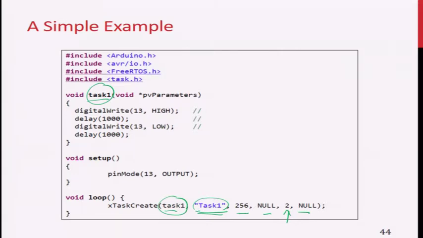So let's look at this task here. What does this example do? You are creating a task called Task 1, and what is Task 1 supposed to do? Task 1 is supposed to do a digital write. That means it's supposed to turn the LED on and off one time, and that's it, correct?